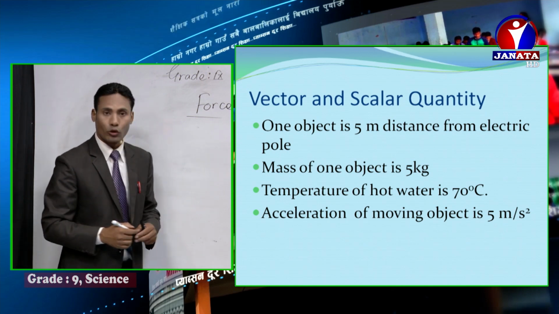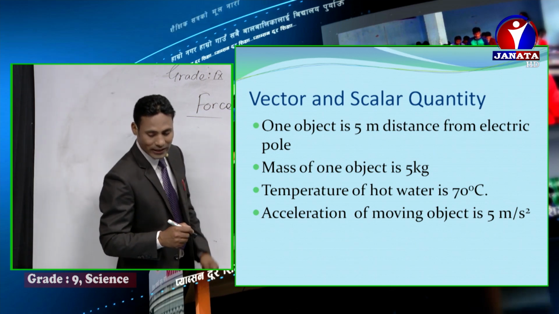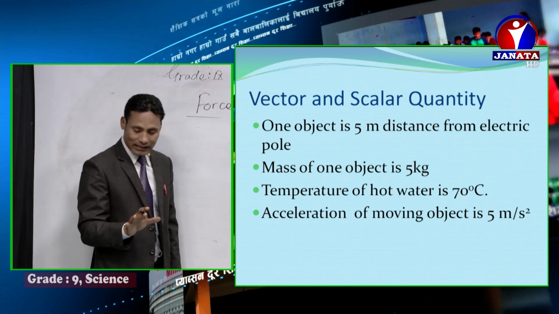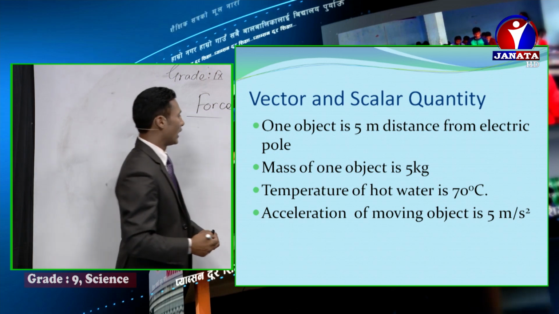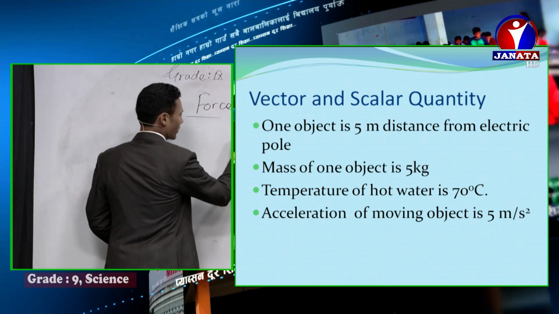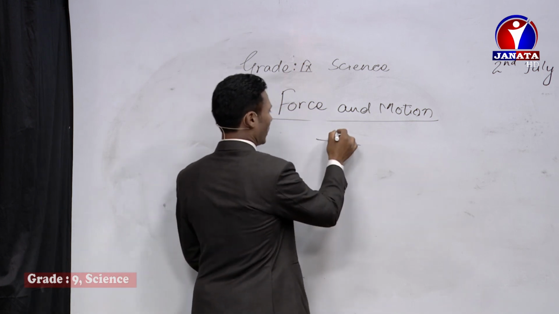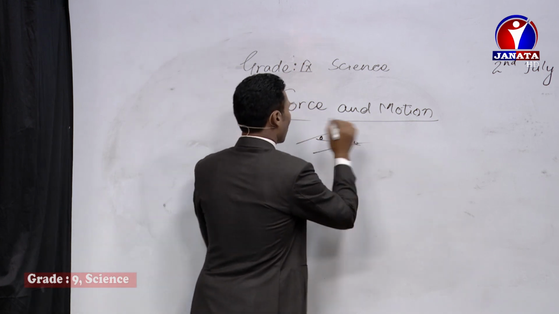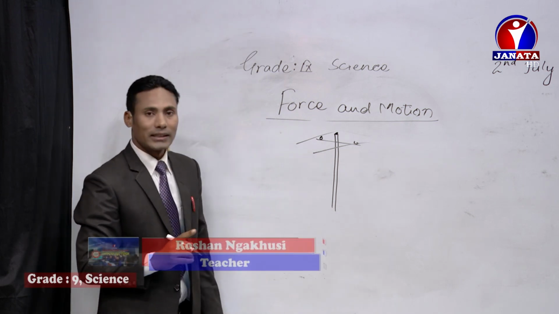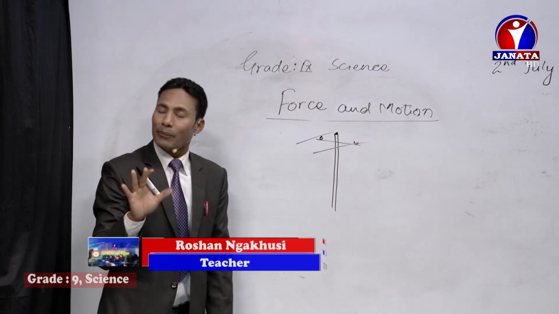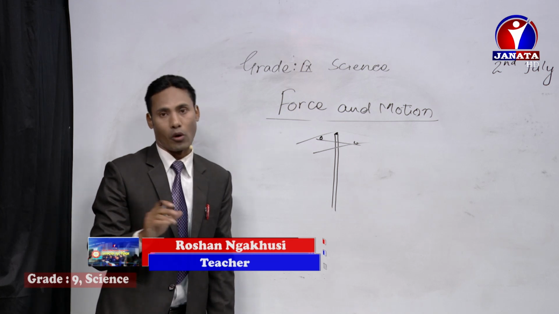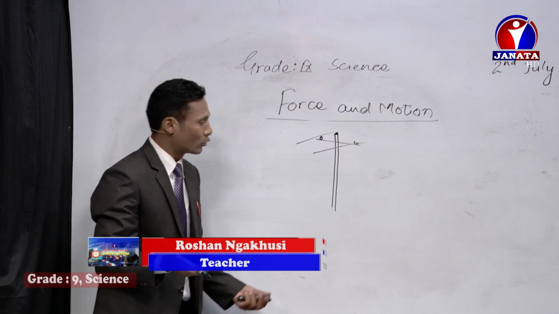Let me draw the figure for this one. I have said 5 meter distance from this electric pole. If I try to draw the figure for this, suppose this is the electric pole. Now I have said that the object is 5 meters from the electric pole. Now how to draw that figure?